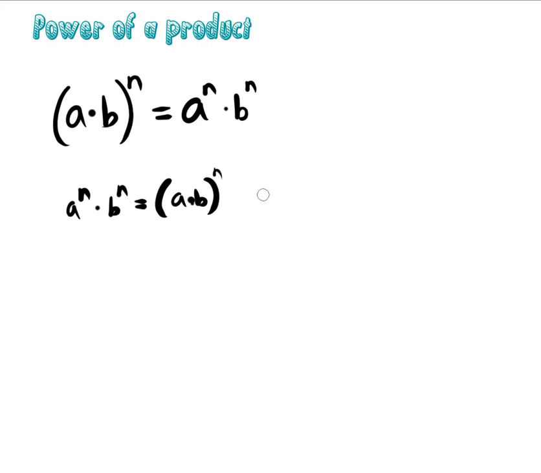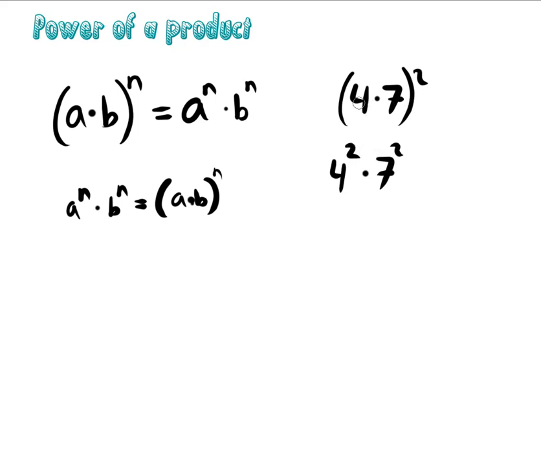So anyway, let's get a good example. Let's say we have 4 times 7, all squared. What that tells me is that I have 4 squared times 7 squared.